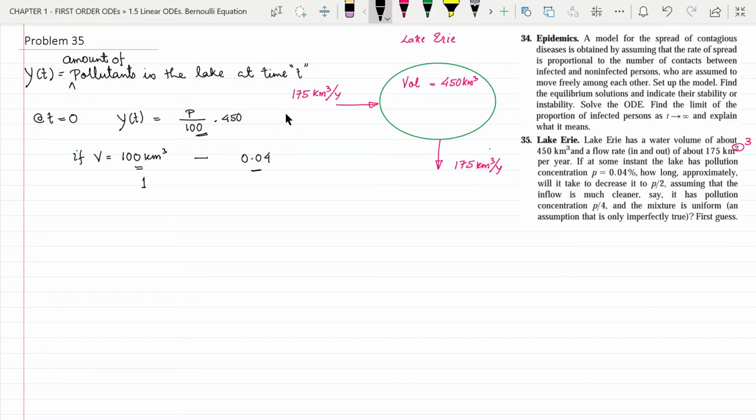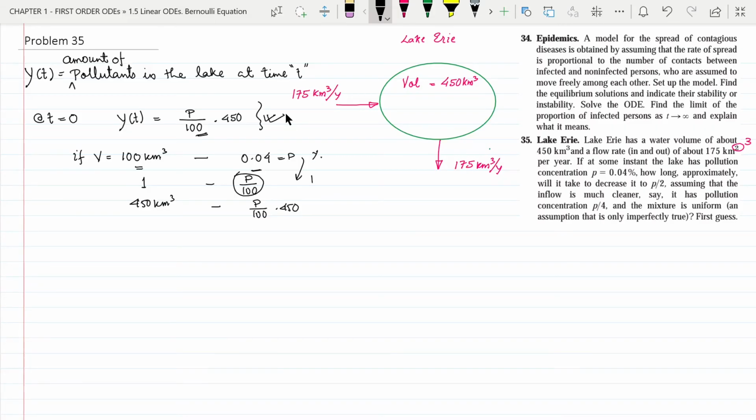For volume equal to 1, the amount of pollutants, this is equal to P, would be P by 100, and for volume 450 kilometer cube, the amount of pollutants is P by 100 into 450, exactly what we have done here.